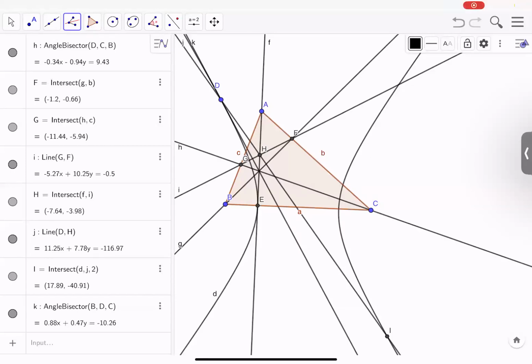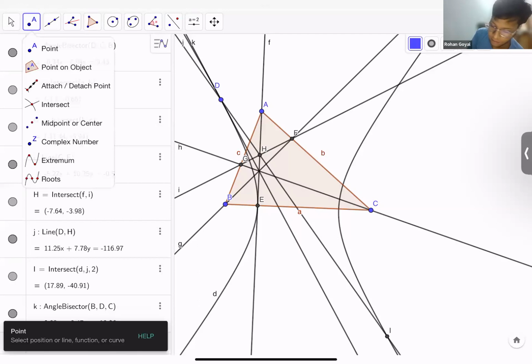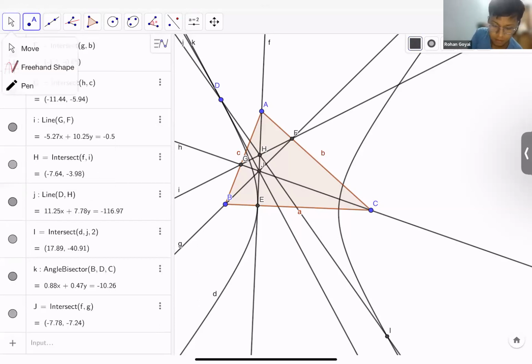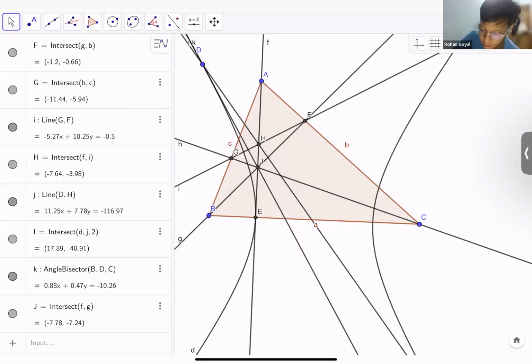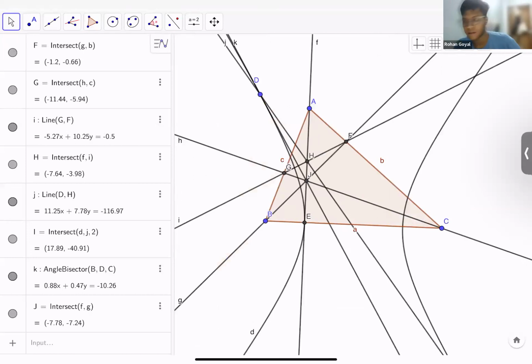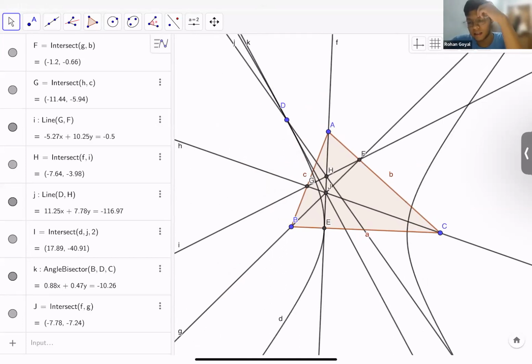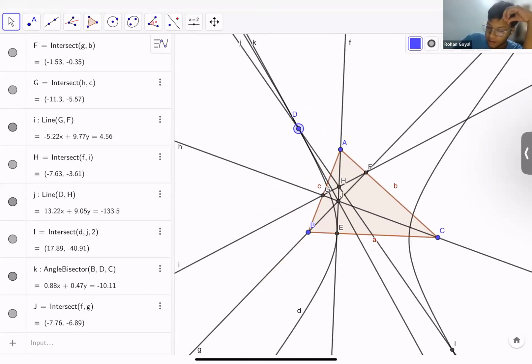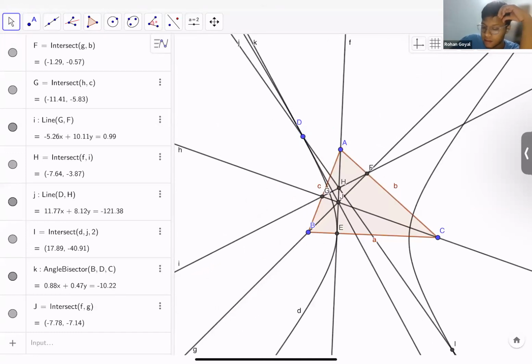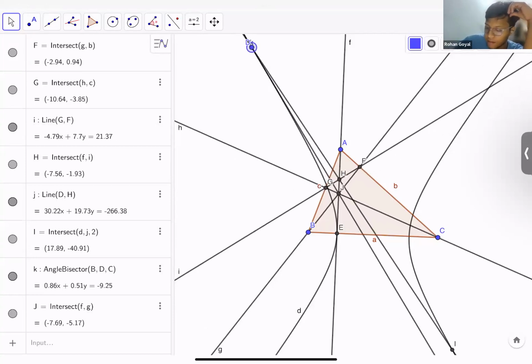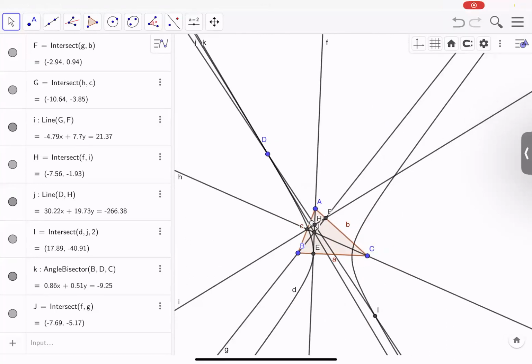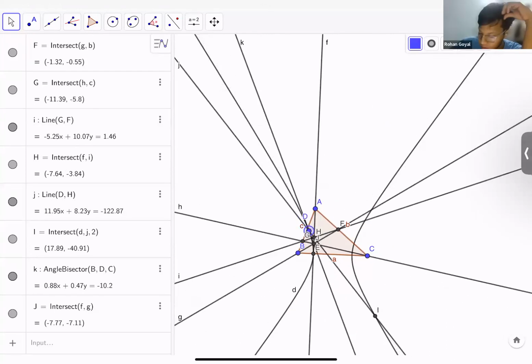But the angle bisector passes through the incenter, right? That we know. So this point is also a very clean point, J. And in the case where A is the incenter, D goes to that fixed point.